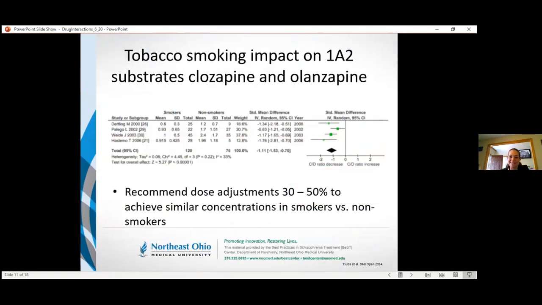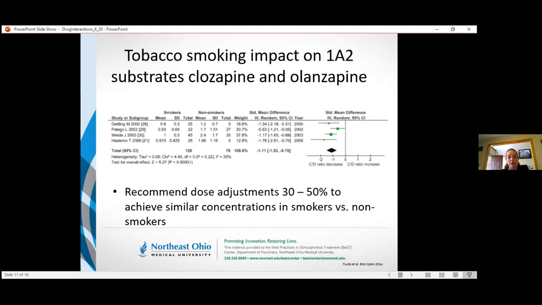And as promised, tobacco smoking: the aromatic hydrocarbons that result from the combustion of the tobacco have a significant impact on the 1A2 enzyme. And we can see an increase in the metabolism for 2 of our antipsychotics, clozapine and olanzapine specifically.